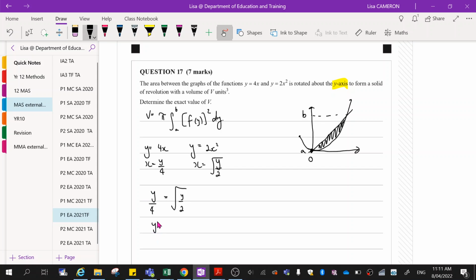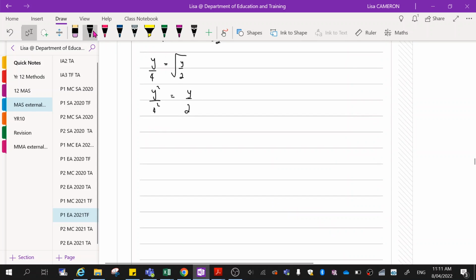Take the square root over, I'll square everything on the other side, meaning that this is going to become y squared over 16. Now I'm going to take this to the other side as well, so minus y over 2 is equal to 0.